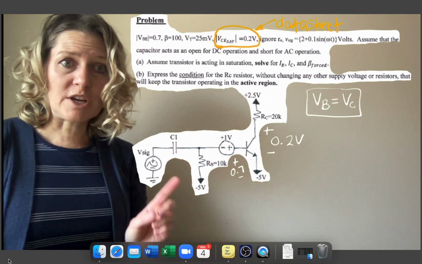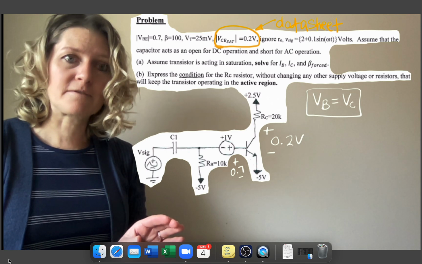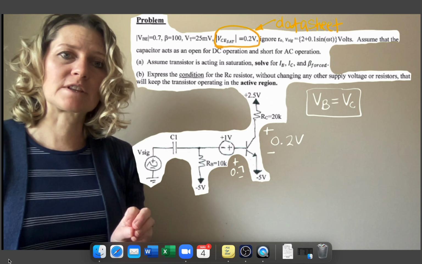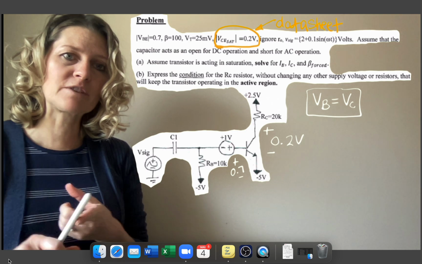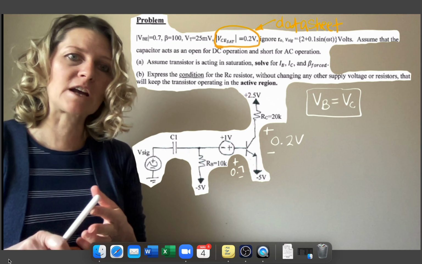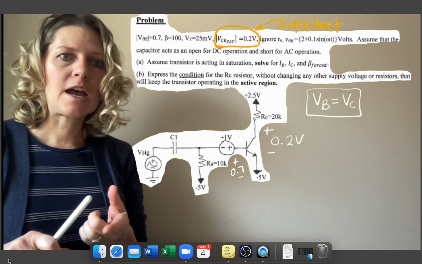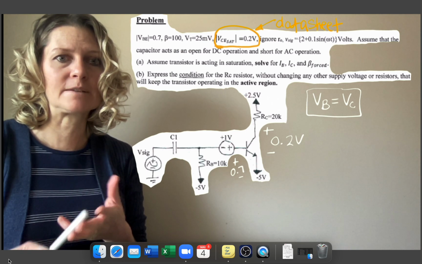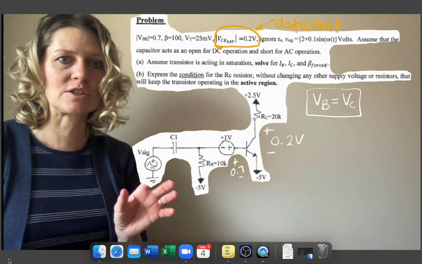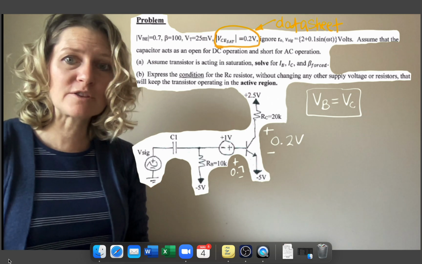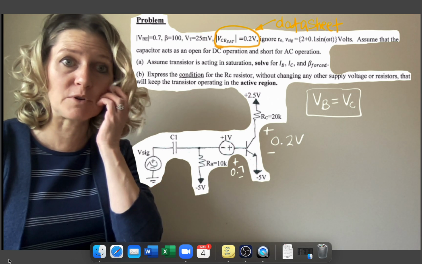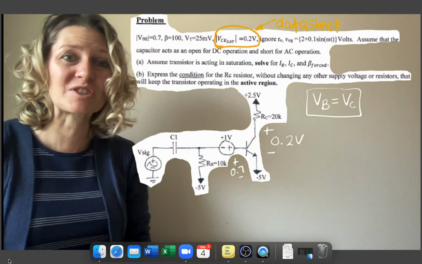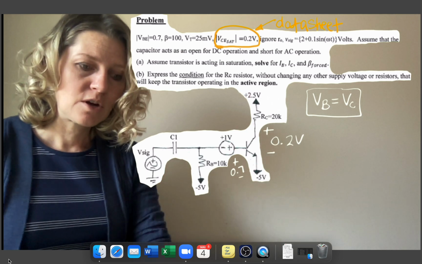And then those relationships do not hold anymore for the saturation region. Remember, that relationship is only for the active region, where you can relate IB, IC, and IE, and that means that IC is equal to beta IB is equal to alpha IE. Only in the active region can you use that. Otherwise, we can only use the 0.2 volts between VC and VE for saturation conditions.